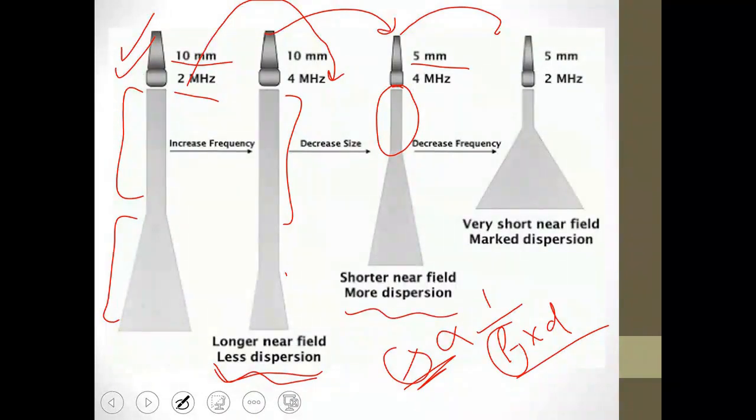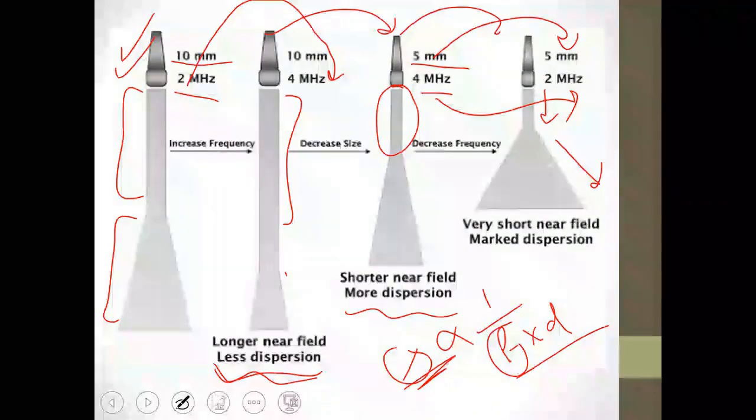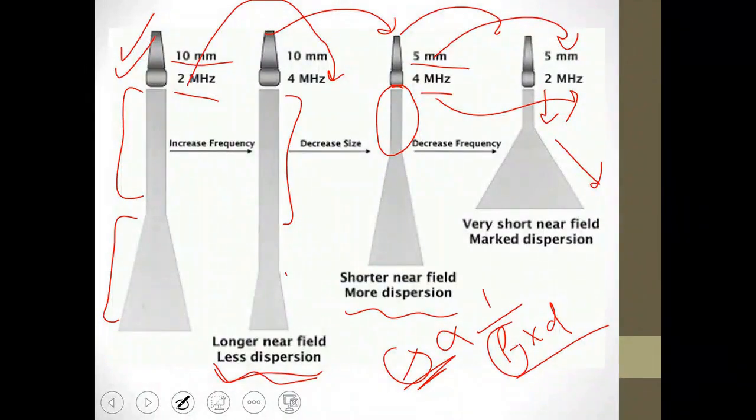Here is 5 millimeters and here is 5 millimeters, and this is a frequency from 4 to 2. So you have decreased the frequency. When you decrease the frequency, the near field decreases and the divergence increases. So what do we conclude from this? We conclude that the length of the near field depends on the frequency and the diameter.